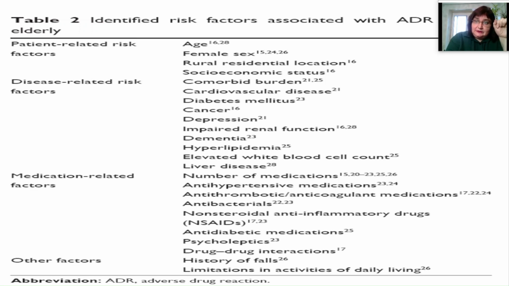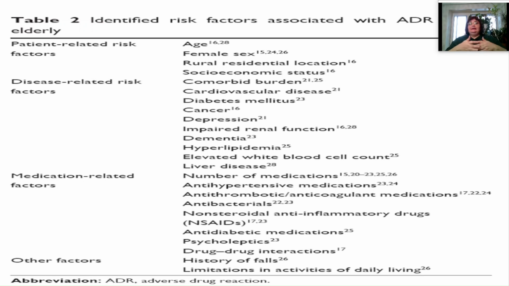I will pay attention to this process in this lecture because it's connected with tissue hypoxia as well. We see that complex diseases, problems with the heart, cardiovascular disease, diabetes mellitus, and arterial hypertension have the same pathophysiology, but don't forget that different groups of drugs target the pathogenesis of these diseases.